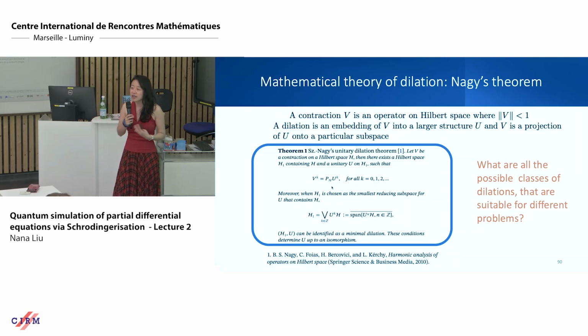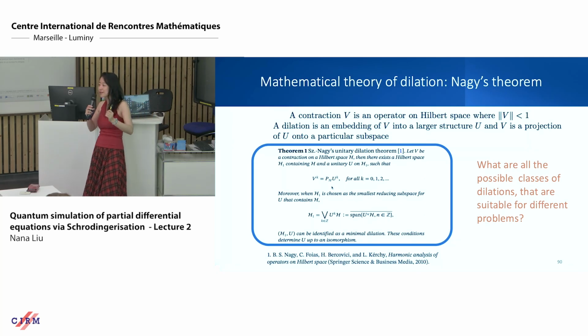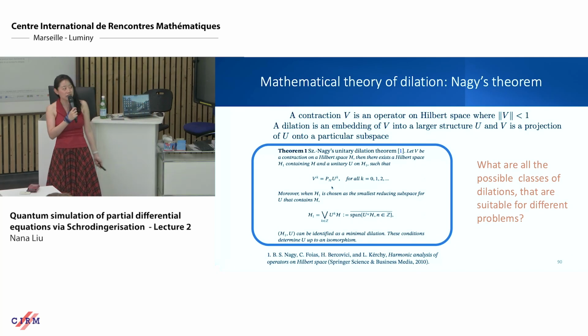Nagy shows that the main proof is really to use the block encoding scheme. If something's non-unitary, then you dilate it by having these off-diagonals, like the square root of I minus A squared and minus the square root of I minus A squared, and so on. These things you've seen already.